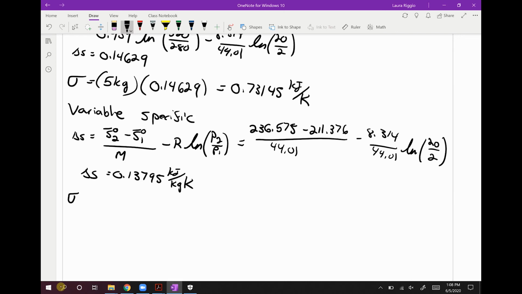In this case, sigma is equal to 0.68975 kilojoules per Kelvin.